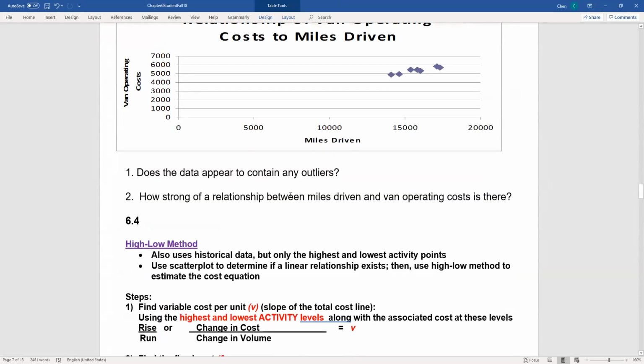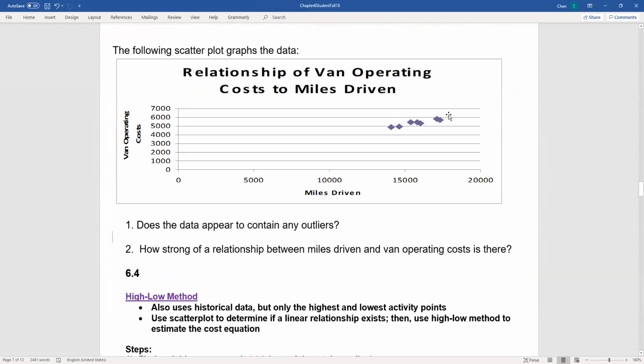Then the first question is, does that appear any outliers? What is outliers? You see that all these dots seem to be staying on the line, but what if there's a dot here or a dot here? Then that should be outliers. So we would say that there's no outliers, okay?